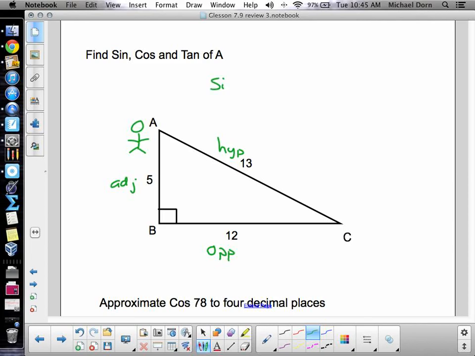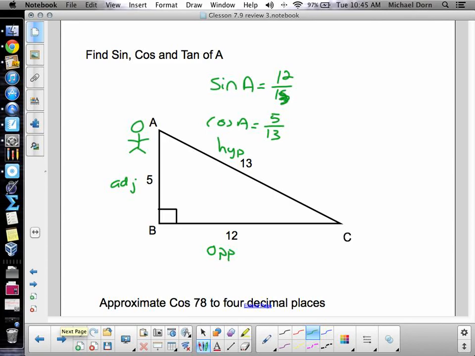So, sine of A is 12 over 13, the opposite over hypotenuse. Cosine of A is 5 over 13, adjacent over hypotenuse. I put 15. Oh, sorry, 13.